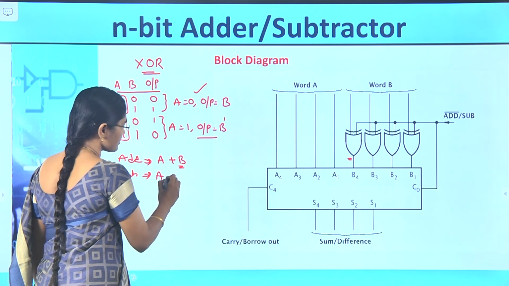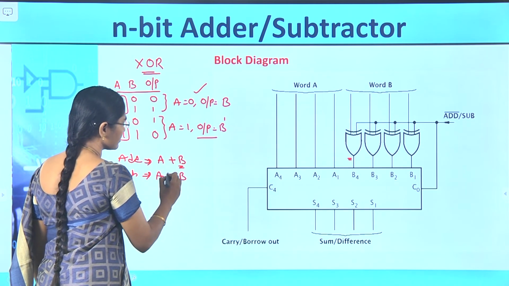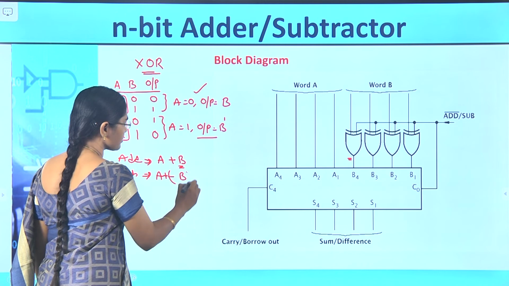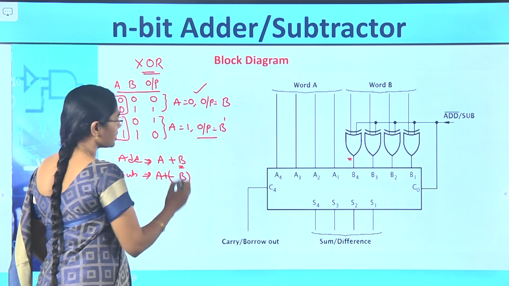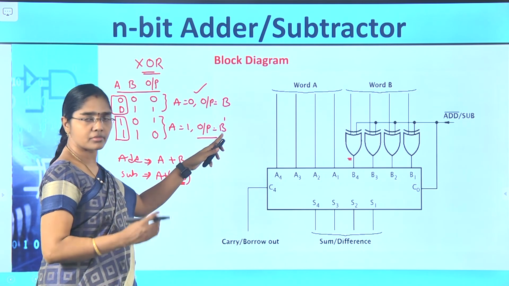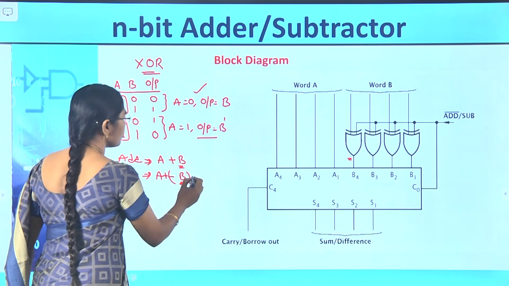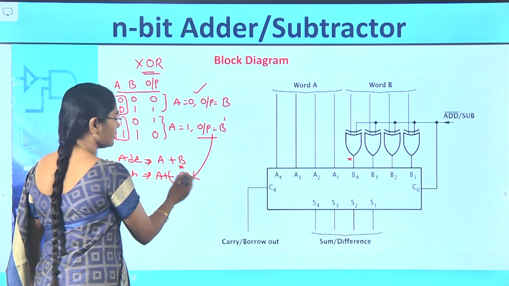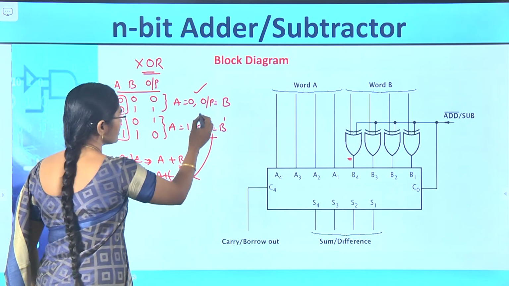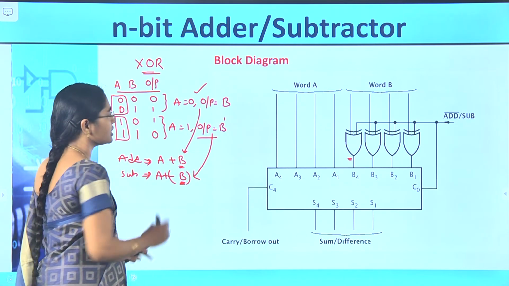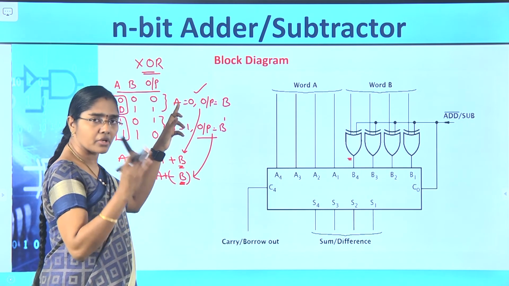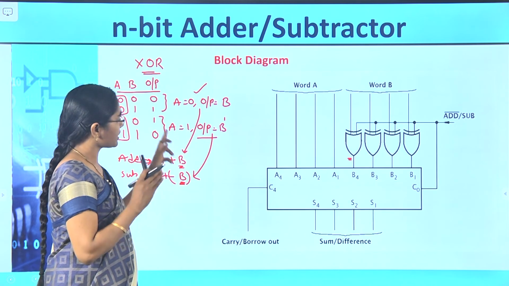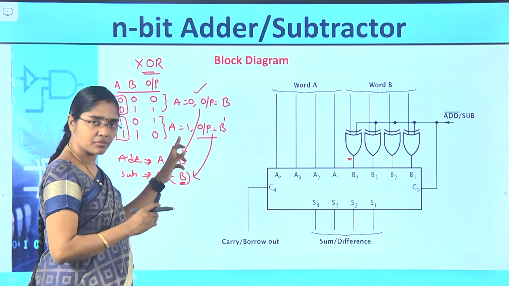A minus B. Minus B is nothing but A plus minus B. It is nothing but the complement number. This complement number is basically obtained by using inverting gates. So this B bar is used for the complementing operation. This B is used for the addition operation. So for the addition operation, making one input 0. For the subtraction operation, making the same input 1.